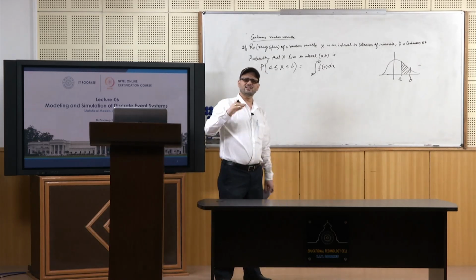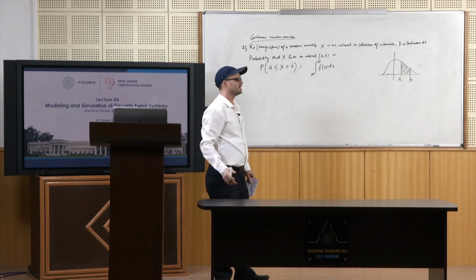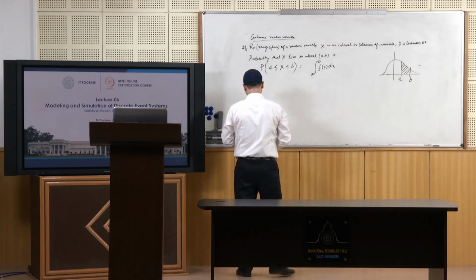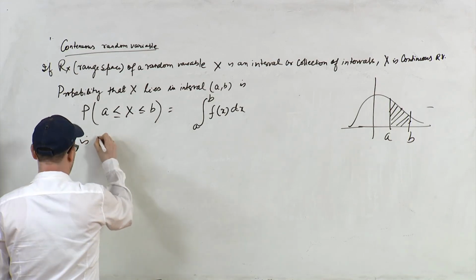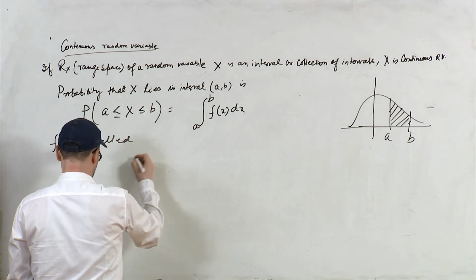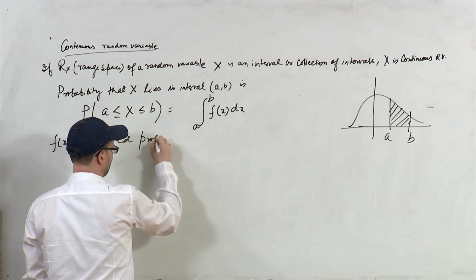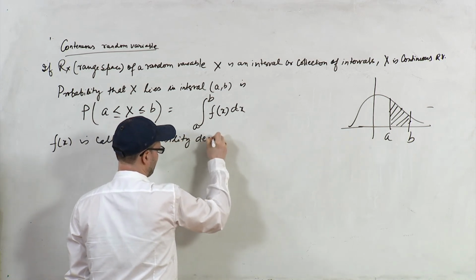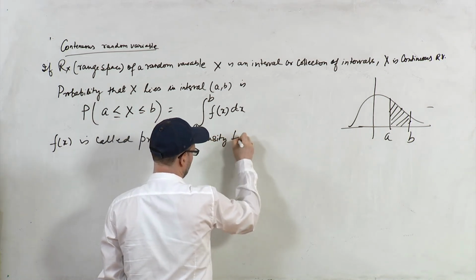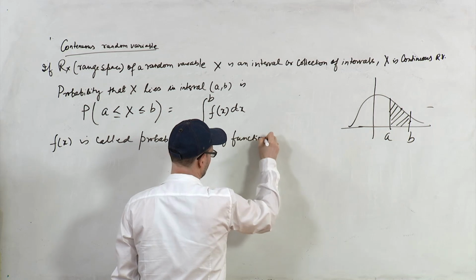So, this kind of random variable is known as a continuous random variable, and in this case f(x) is called the probability density function of x.